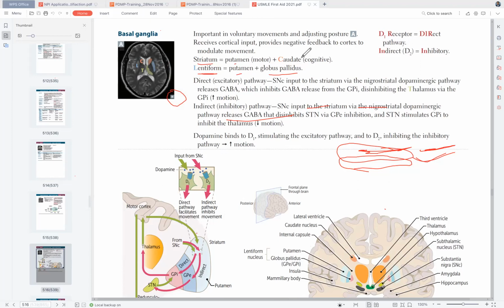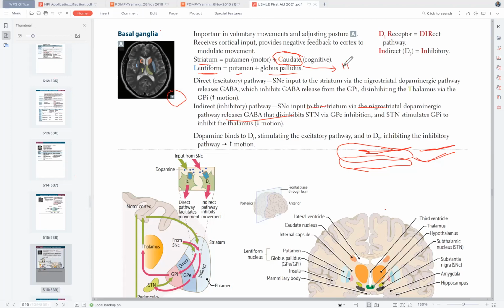Here there is something you want to remember about the caudate nucleus. What disease affects the caudate nucleus? You have to know that. Are you confused between Parkinson and Alzheimer's?